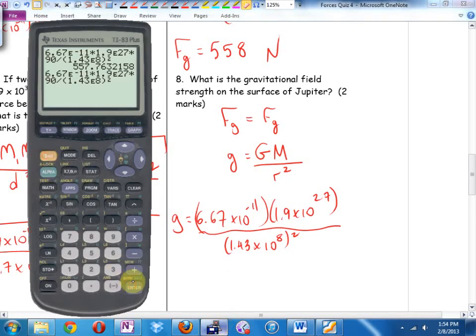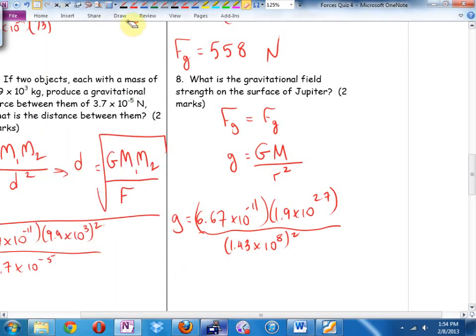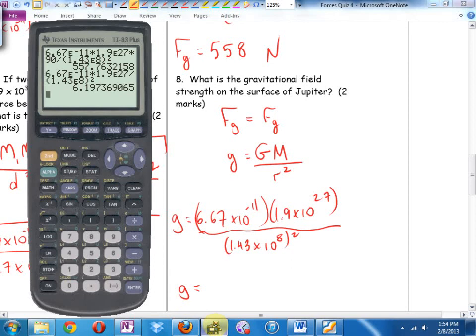If I bring back my previous calculation, I think it's the same, except don't I just delete the times 90? Right? Isn't that clever? 6.2. Mr. Newick, isn't that 6.1? No! It's 6.2! Round off! Always properly!